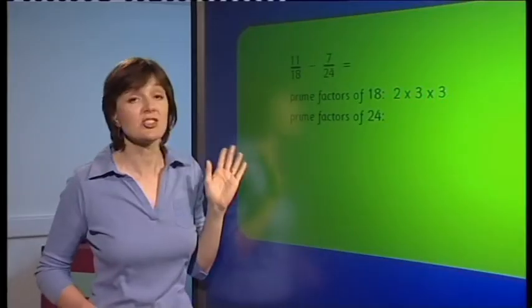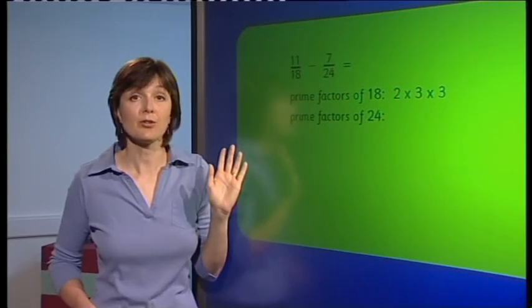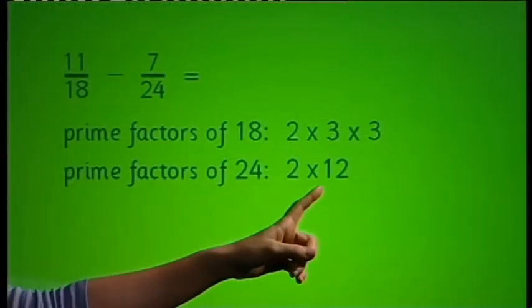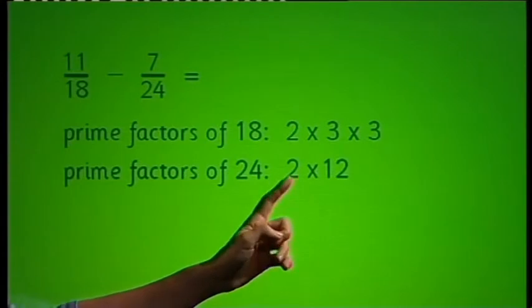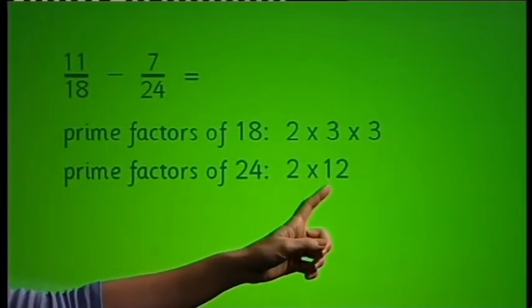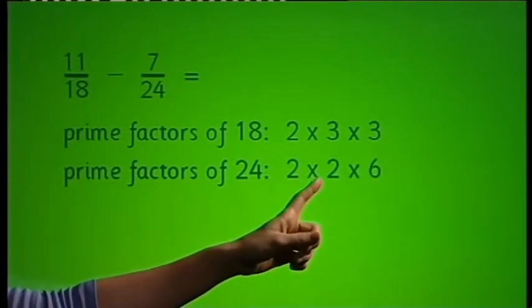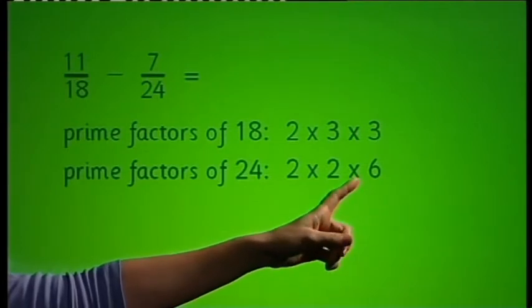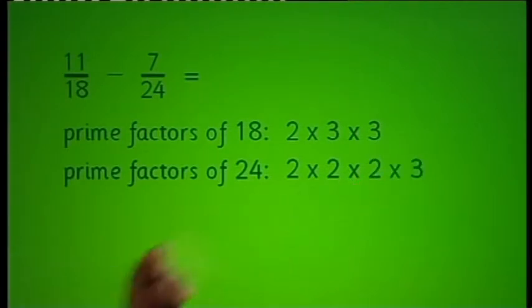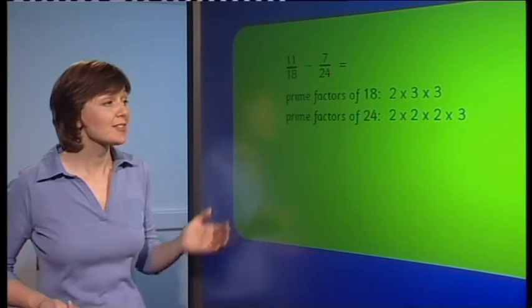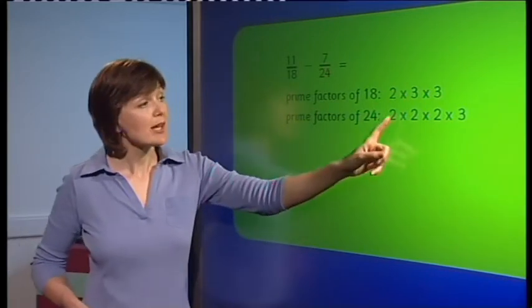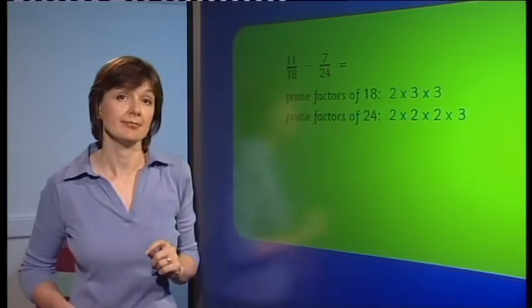And 24 is just as straightforward. 24 is 2 times 12. 2 is a prime number. 12, well, that's 2 times 6. 2 is a prime number, 6 isn't. 6 is 2 times 3. So the prime factors of 24 are 2 times 2 times 2 times 3.